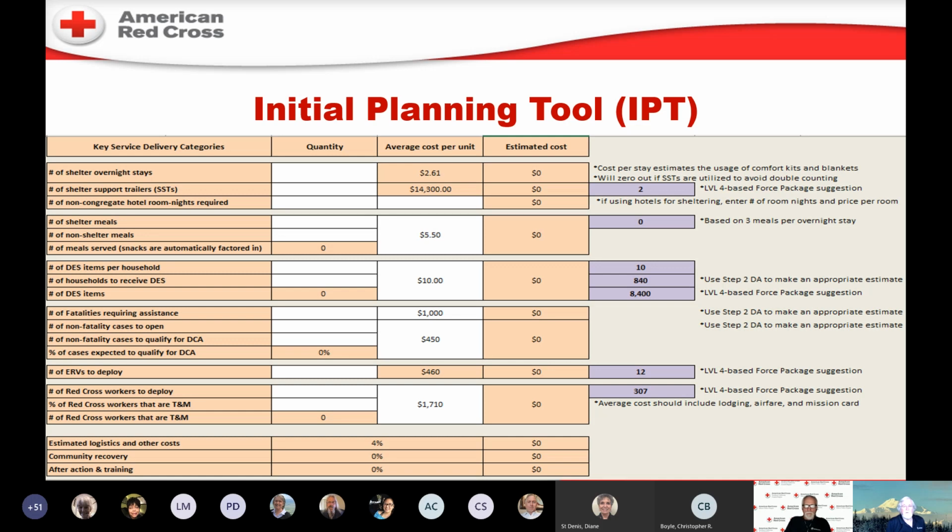Non-fatality cases, how many do we feel we're going to open? And then how many of those will require DCA? And in this case, they're using an average of 450, which happens to be the individual assistance amount that they would be getting in a level 4 and above.